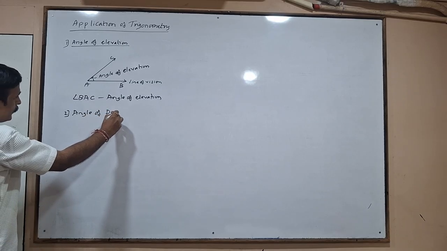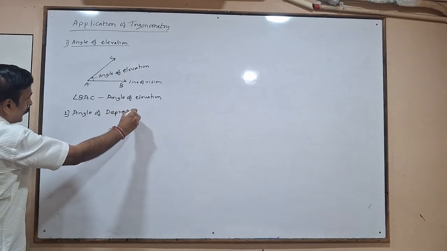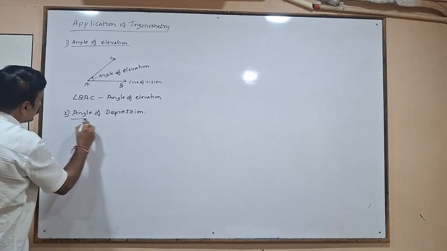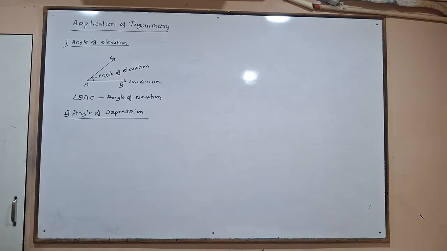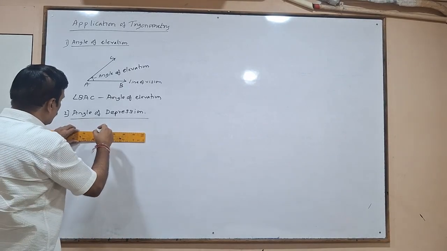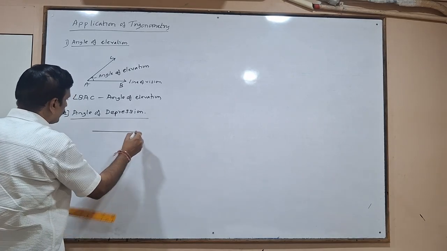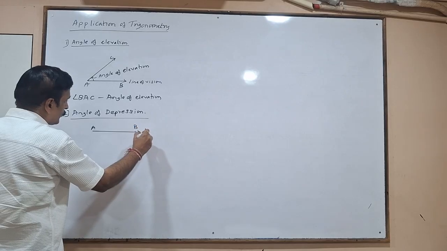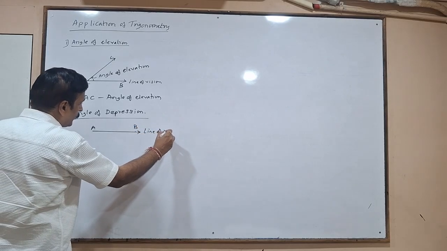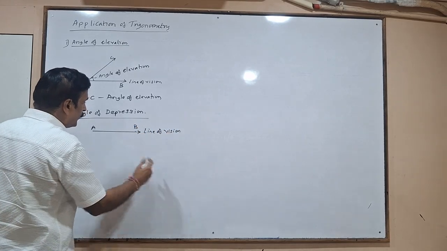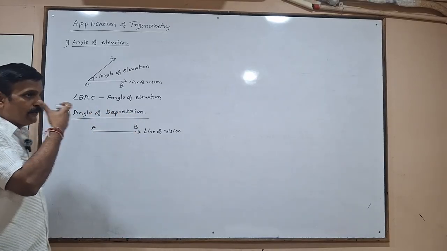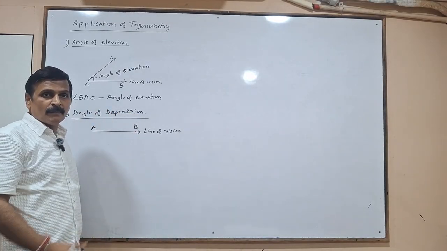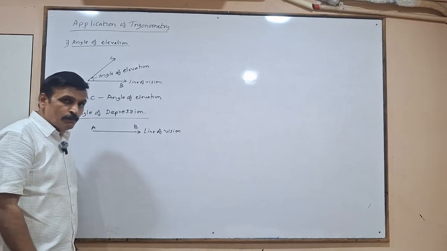Second, angle of depression. Say if this is my line of vision, I am standing on a terrace, I am observing a car below standing on the ground, I am going to bend down.